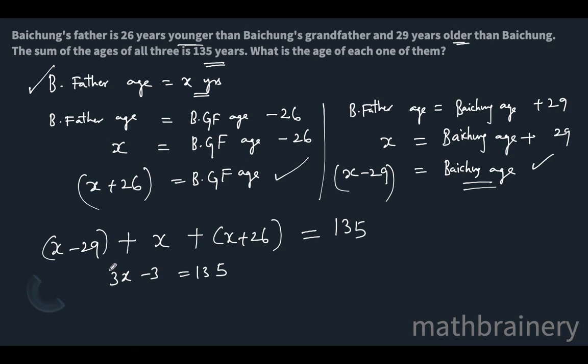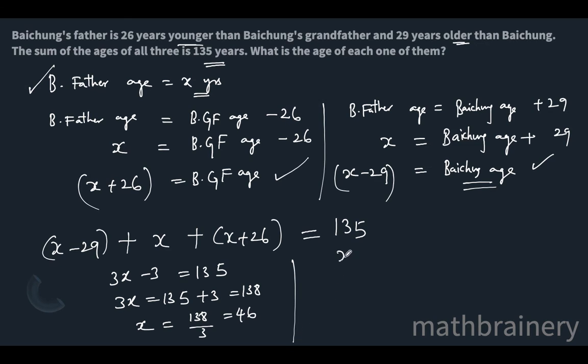This is again a linear equation in one variable. Let's transpose 3 to the other side. 3x must be equal to 135 plus 3, which is 138. So, x must be equal to 138 upon 3, which is 46.